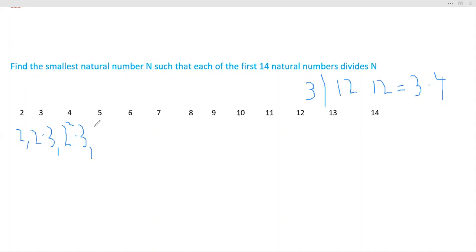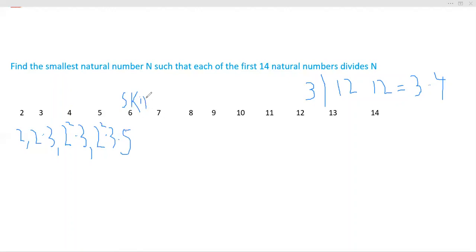So we have 2 squared times 3 times 5. Now we catch a break, folks. Once we get to 6, we already have 6 is 2 times 3, so we can just skip 6, right? Because it already divides our little number up to this point.